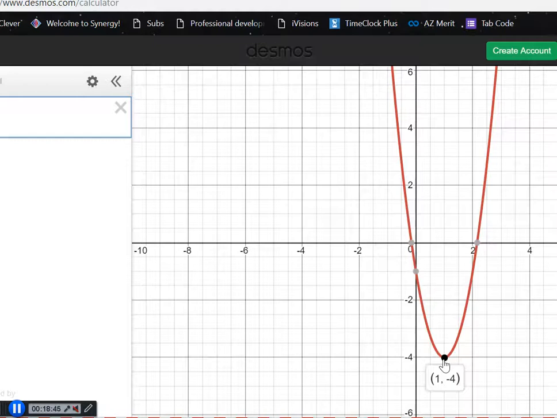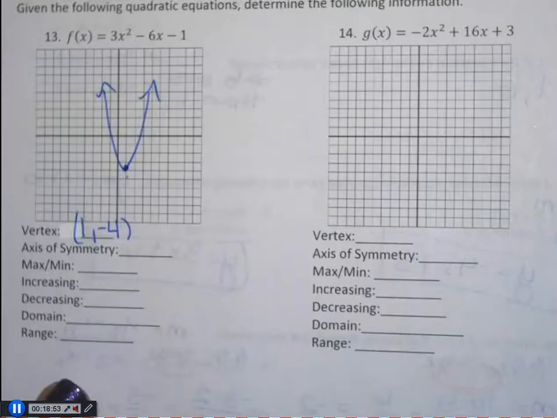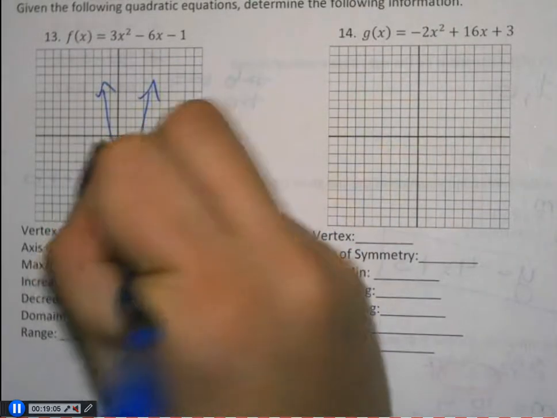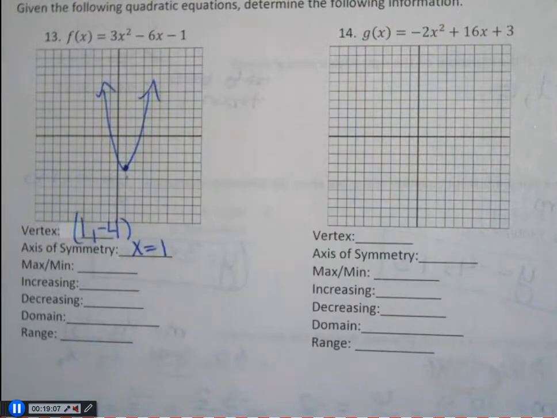So then that's my vertex. I'm going to graph this on my paper so I remember what it looks like. So my vertex is (-1, -4). That's either my high or low point, depending on what the graph looks like. Axis of symmetry is x equals 1. This comes from my x value of the vertex.